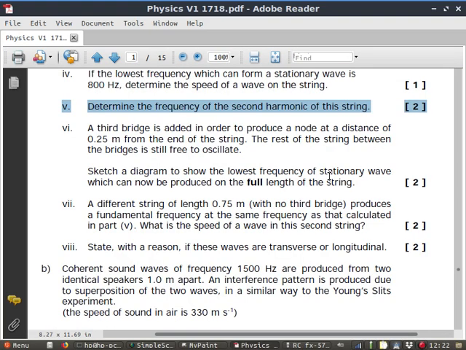Are these waves transverse or longitudinal then?